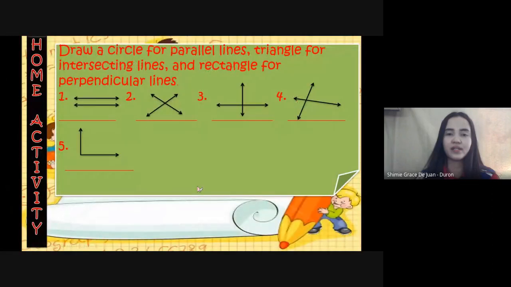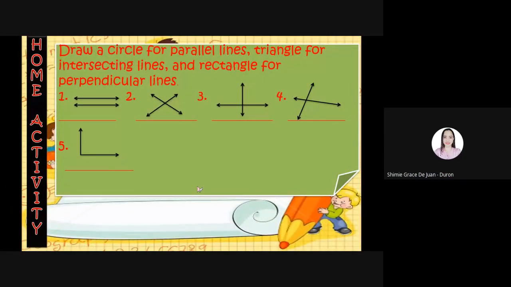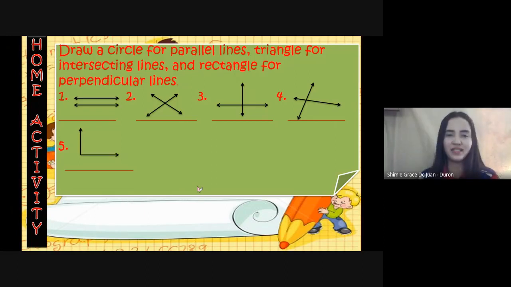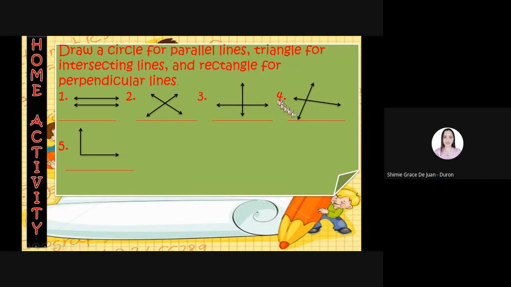Draw a circle for parallel lines, triangle for intersecting lines, and rectangle for perpendicular lines. Number 1, that is a figure. Number 2, we have this figure. Number 3, this is the figure that you have to refer to. Number 4, and number 5.